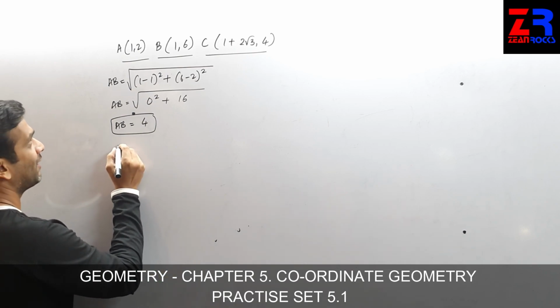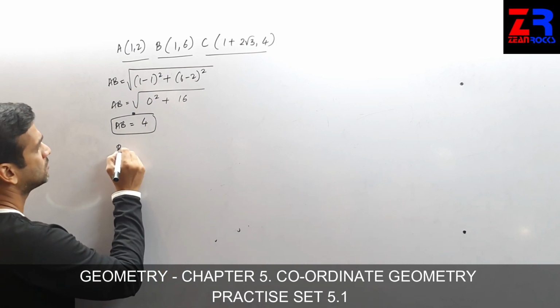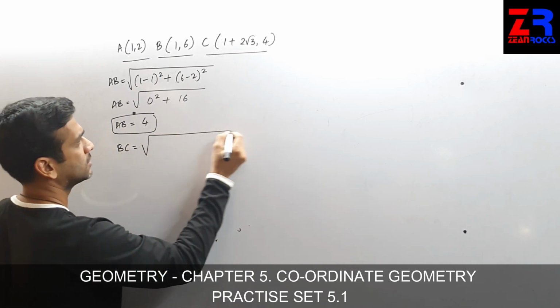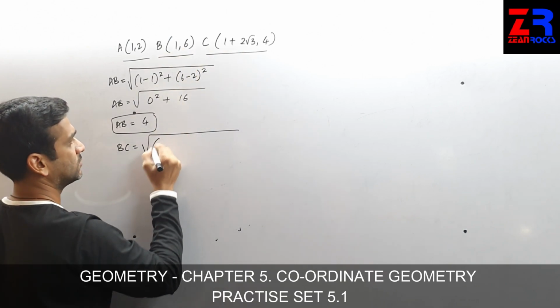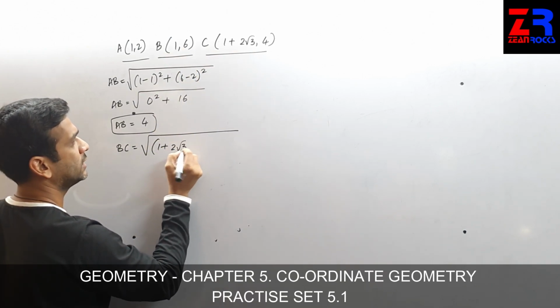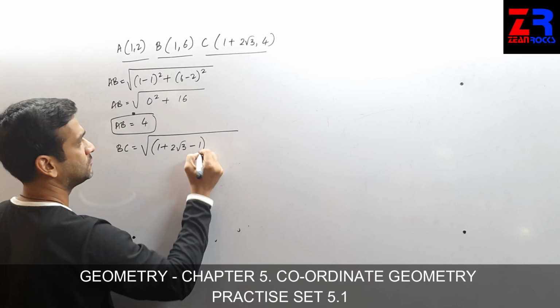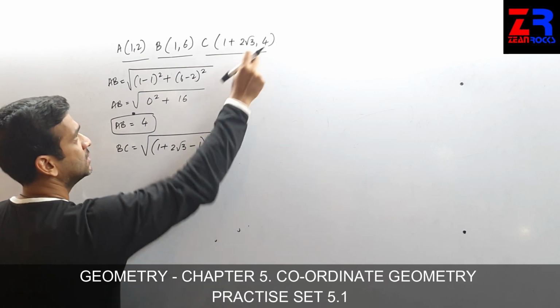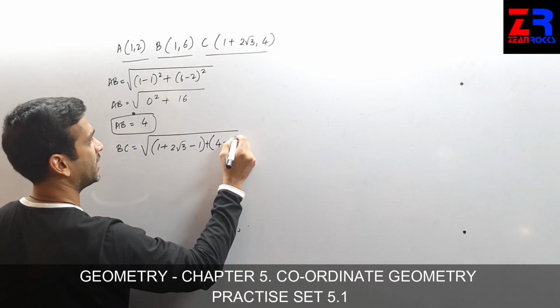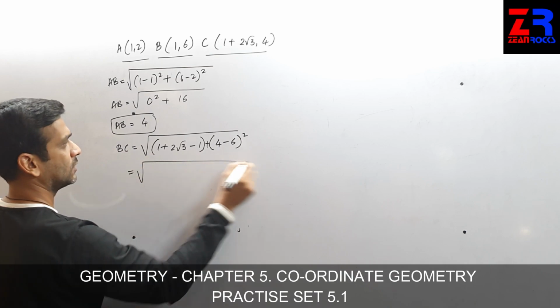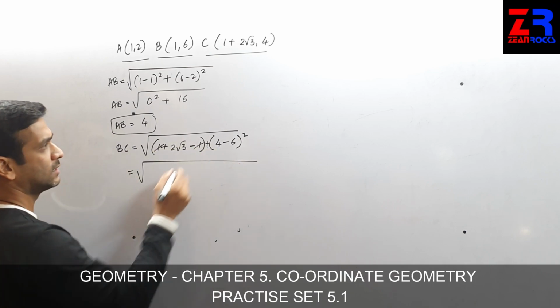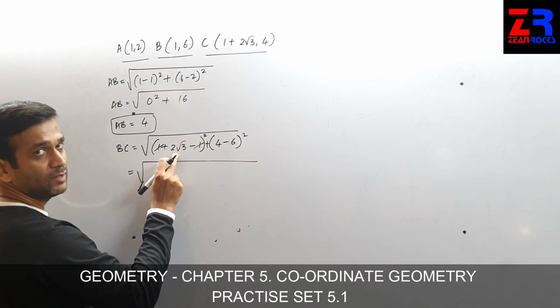Then I will find the value of BC. First term minus first term. First term is 1 plus 2 root 3, minus first term is 1, plus second term minus second term, 4 minus 6 square. Here 1 will get cancelled. 2 root 3 will remain.